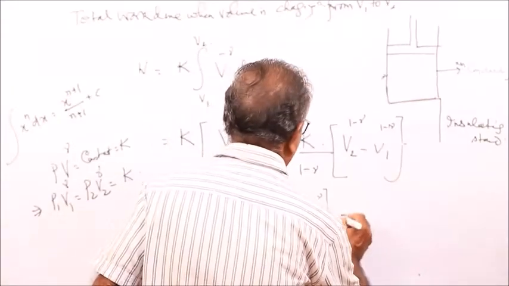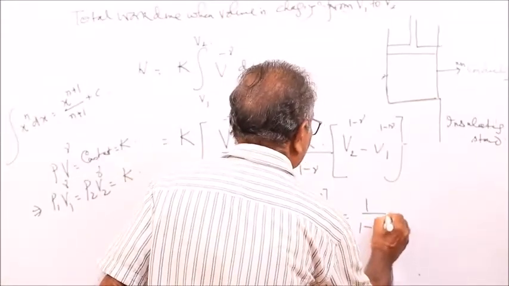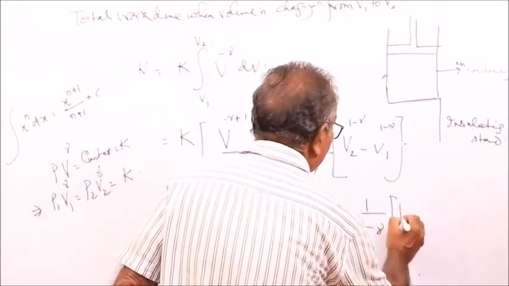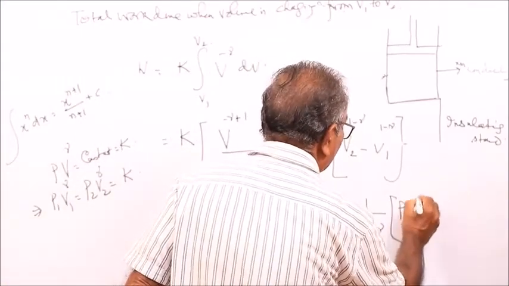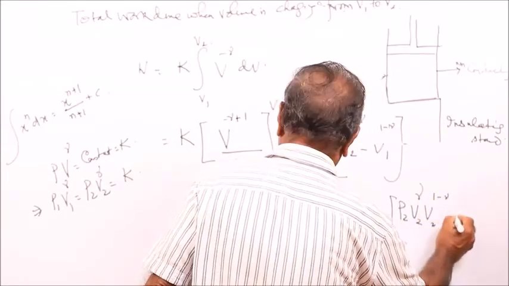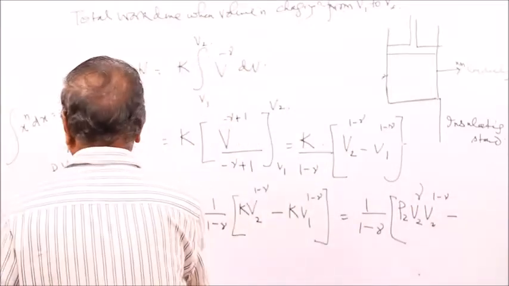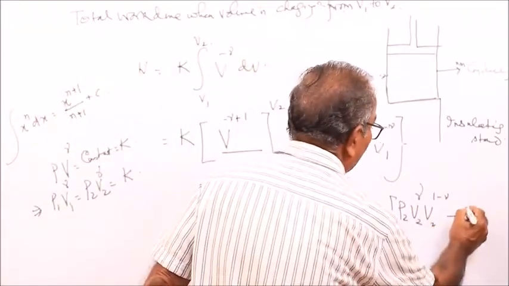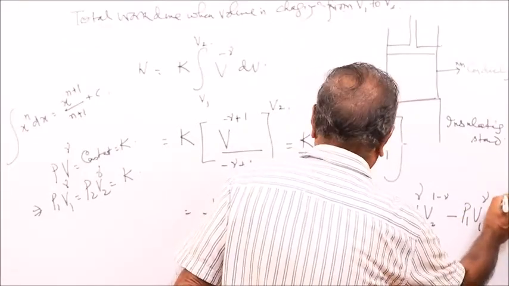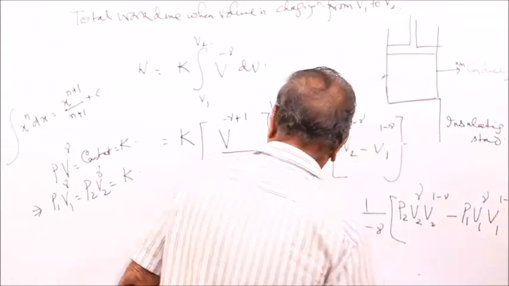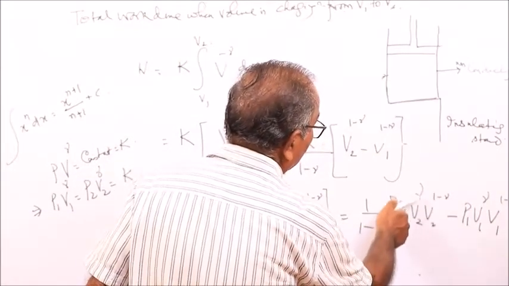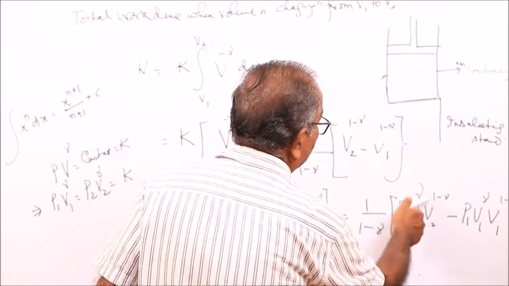Here, for convenience, we write K as P2 V2 gamma into V2 to the power 1 minus gamma, minus K written as P1 V1 gamma into V1 to the power 1 minus gamma. So powers are added, V2 to the power gamma plus 1 minus gamma, so gamma and gamma cancel.